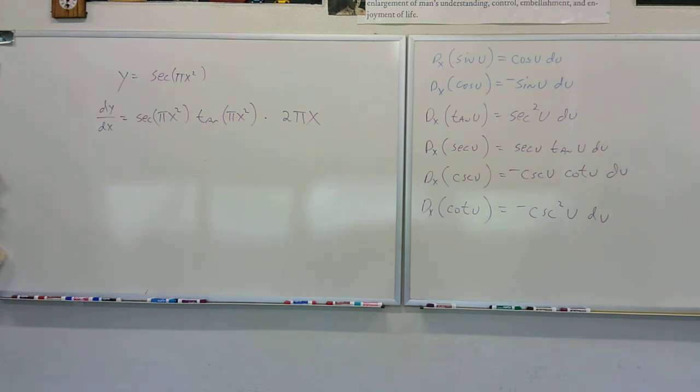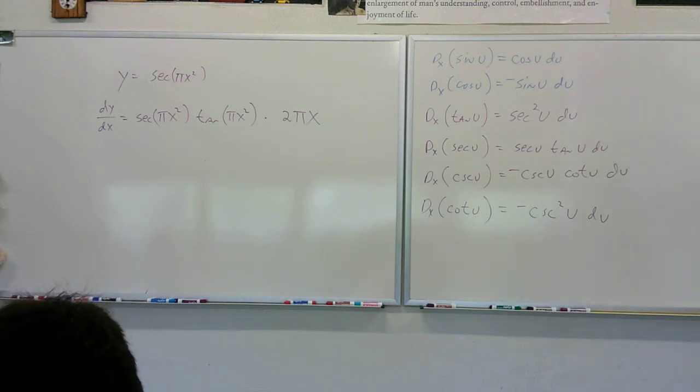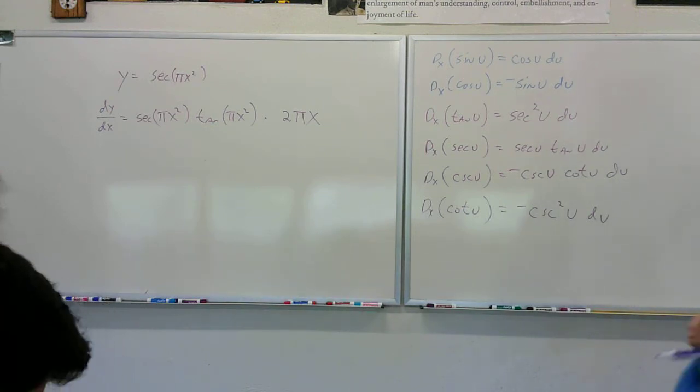All right. Let's look at number 12. Let's see what we can do with number 12. This is light hole number 12. It's section 3.5.